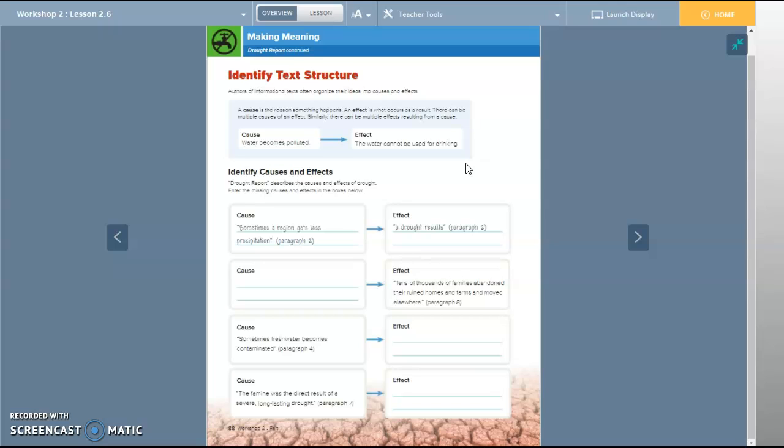Informational text is something that we read that shares information with us. It's like research, or a study, very non-fictional. It's real. It feeds us information.